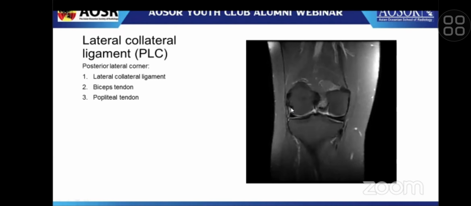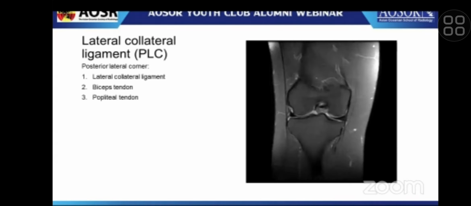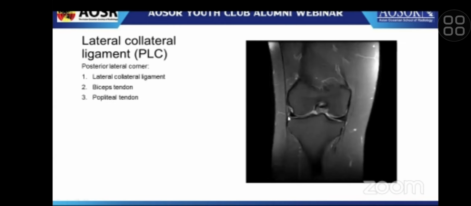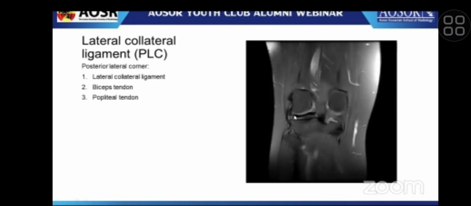Why are these 3 important? Because surgeons may fix them. Lateral collateral ligament or posterior lateral corner injuries are often associated with anterior cruciate ligament injury. If we repair only the anterior cruciate ligament and do not repair these structures, it may lead to instability of the knee joint.